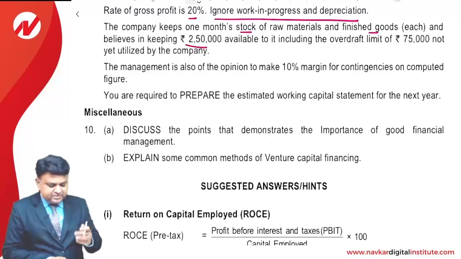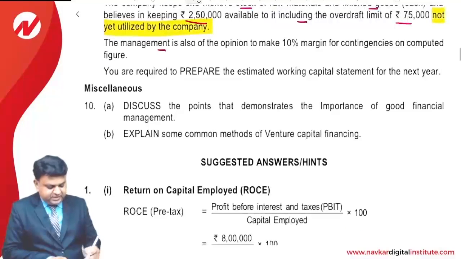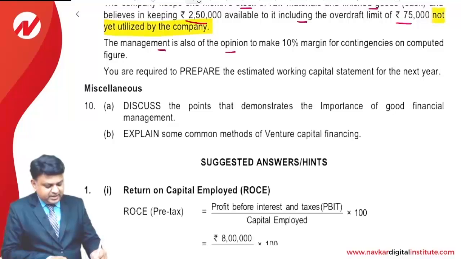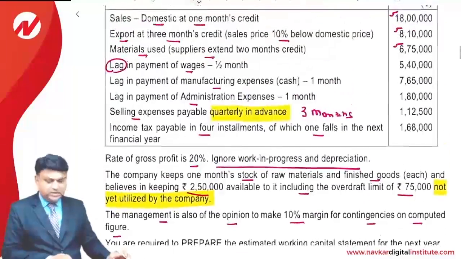It believes in keeping 2,50,000 available to it, including an overdraft limit of 75,000. This is important, not yet utilized by the company. Management is also of the opinion that we should make 10% of contingencies on the computed figure, and we are required to prepare an estimate of the working capital for the next year. That is the question.